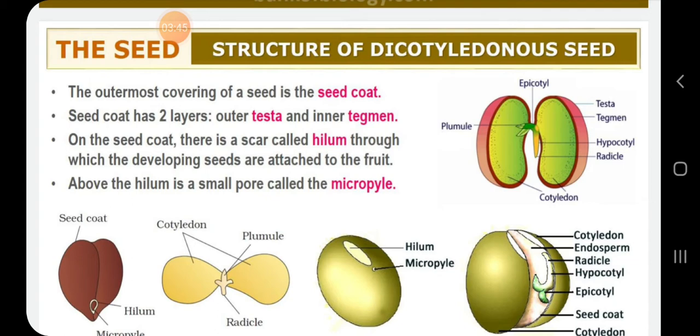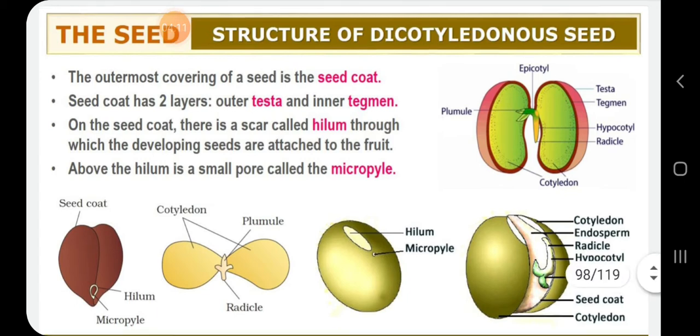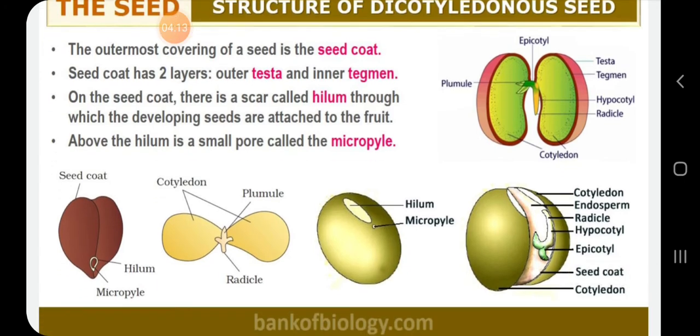When you soak a whole seed in water, for example a gram seed, the seed cover that is removed is the testa, and the inner portion is known as the tegmen. On the seed coat there is a scar called hilum, through which the developing seeds are attached to the fruit, and above the hilum is a small pore called the micropyle.